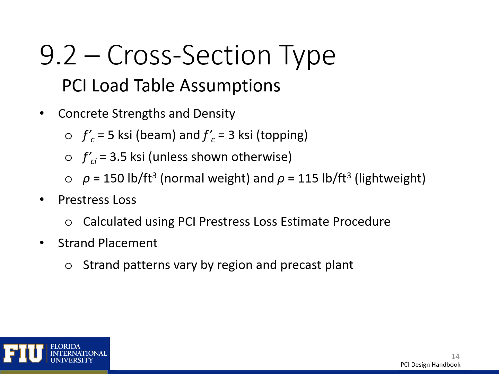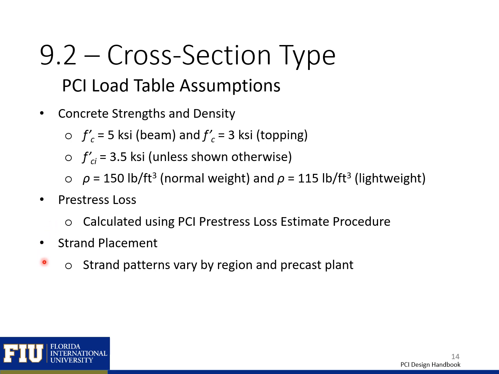The concrete strength is 5 ksi for the beams and 3 ksi for the toppings, 3.5 ksi at release, and the normal weight and lightweight densities are shown here as 150 pounds per cubic foot and 115 pounds per cubic foot. Losses are all calculated using the PCI prestress loss estimate procedure.